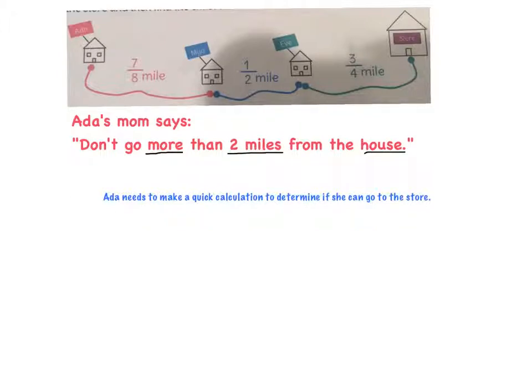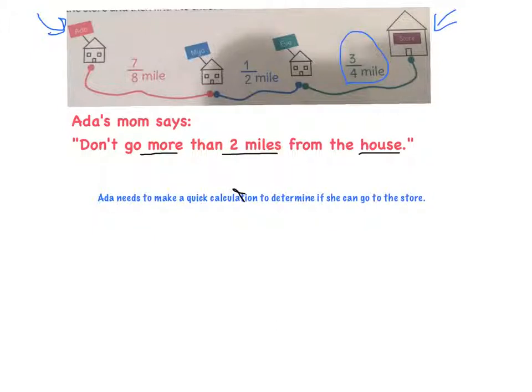And I'm assuming, and then it says down here that Ada needs to make a quick calculation to determine if she can go to the store. So here is Ada's house, and here's the store. And once again, here are our fractions, all with different denominators.